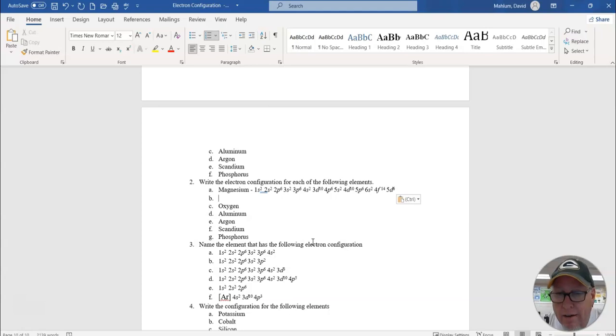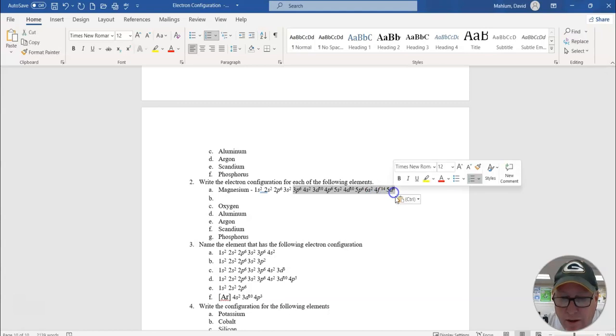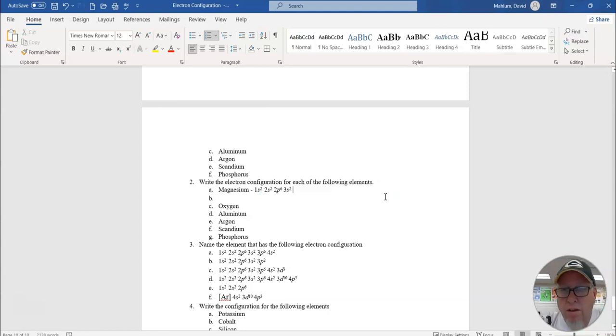So I can go 1s2, 2s2, 2p6, 3s2. I don't need any of these electrons written there, so I'm just going to delete those. And that's the electron configuration for magnesium, because when I add up all the superscripts, I get up to 12. If I want to do oxygen, I can use that same strategy.